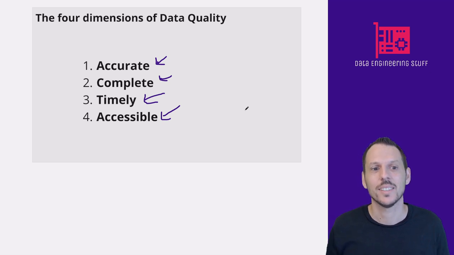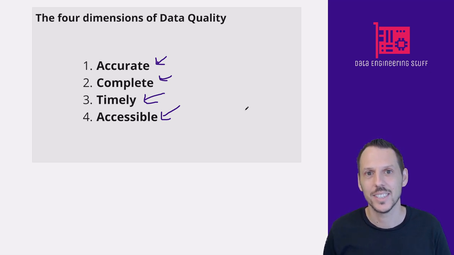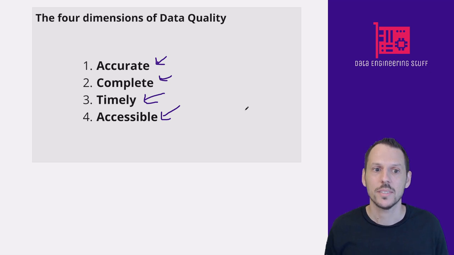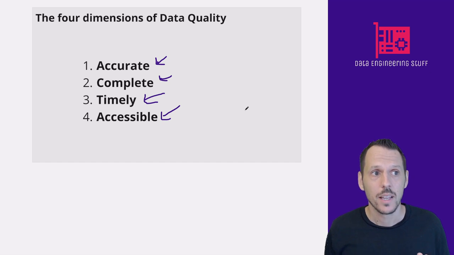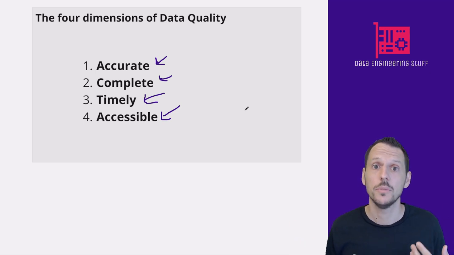But in practice, it's really hard to achieve them, because, for example, think of complete as a goal. What is complete? It's quite a matter of definition. So, for example, if you are an automotive company producing cars, what is complete if you are referring to vehicle data?